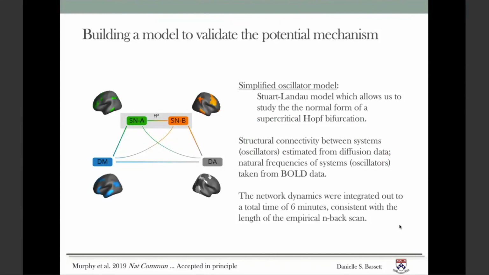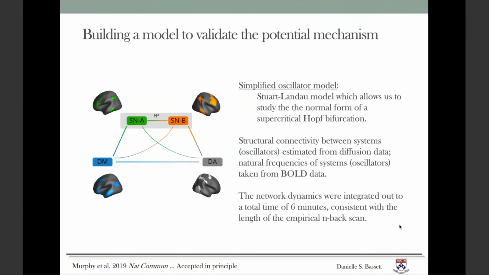Okay, so then we instantiated a Stuart-Landau model, which allows us basically to study the normal form of a supercritical Hopf bifurcation. We informed that model with structural connectivity between the systems. So the actual structural connections between each of these different systems have a weight, where the coupling is given by the strength of the diffusion tractography edge that we estimated from healthy individuals.